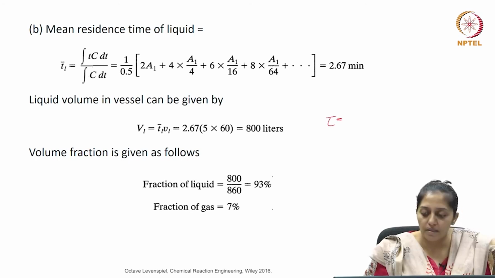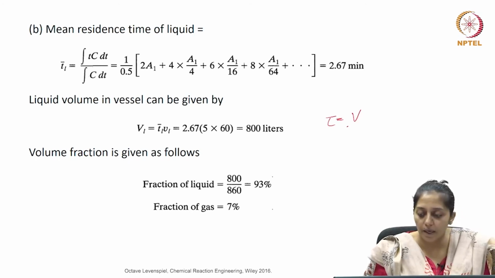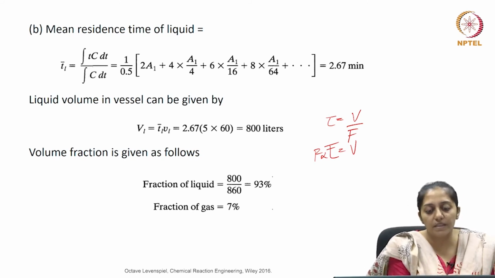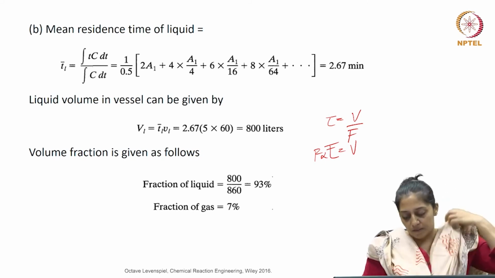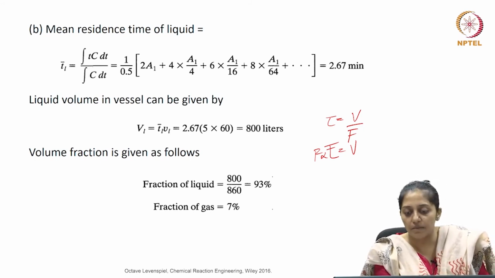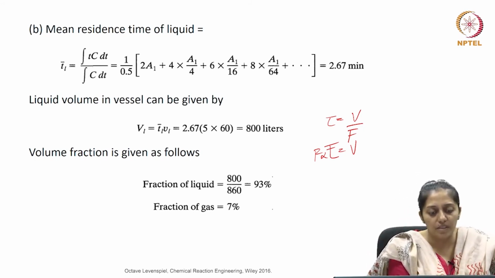So, mean residence time is V by F. So, your volume can be given if the volumetric flow rate is multiplied by the mean residence time. Mean residence time, knowing the C curve, can be calculated using discrete time intervals. So, if you do this, it is the summation of T C delta T by the summation of C delta T.